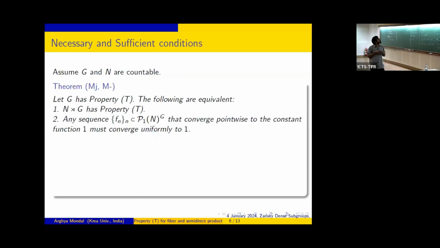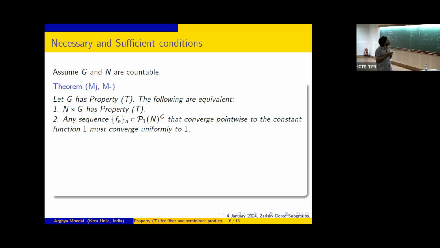So now let us look at the result that we have. We will assume that G and N are countable for this description, but our results are generally true for second countable locally compact groups.